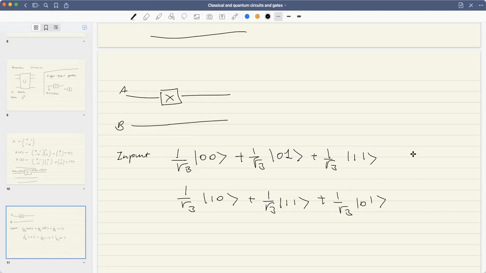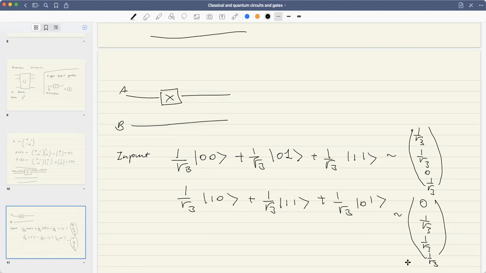So this state, in the basis of 0, 0, 0, 1, 1, 0, 1, 1, is 1 over square root 3, 1 over square root 3, 0, and 1 over square root 3. And the output state is going to be, I don't have the 0, 0, and everything else seems to be 1 over square root 3.